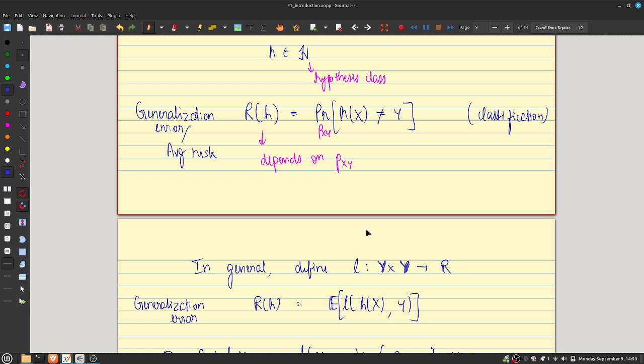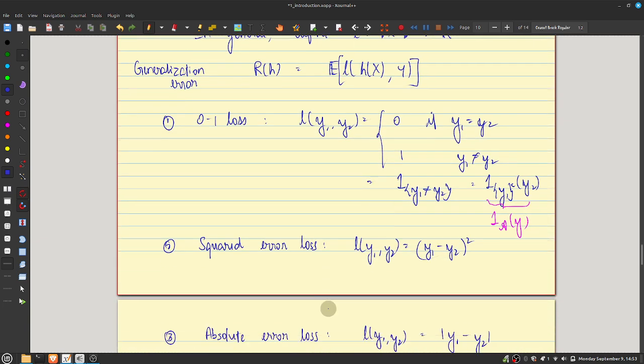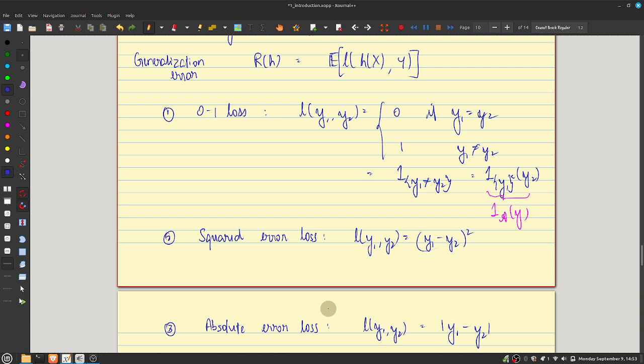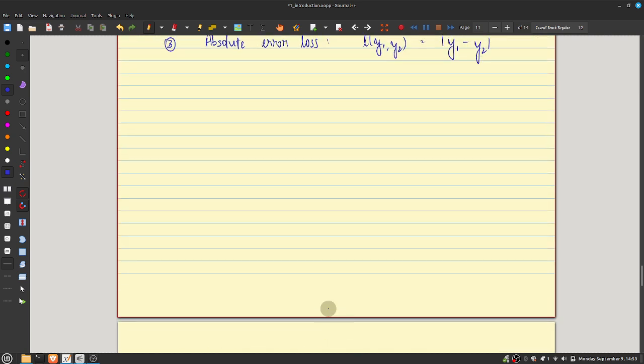One thing to always keep in mind is that this generalization error is measured with respect to an independent random sample, so it's statistically independent of your entire training set. That's the framework that we will operate in. And when you say that a particular algorithm generalizes well, it means that it achieves a small generalization error.